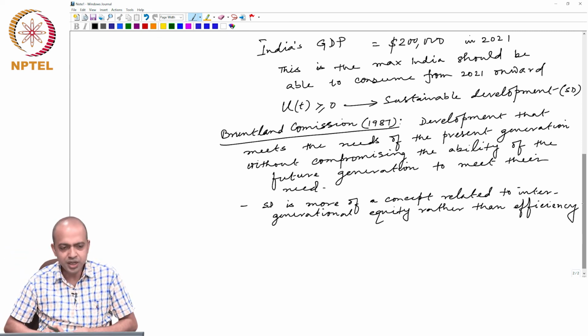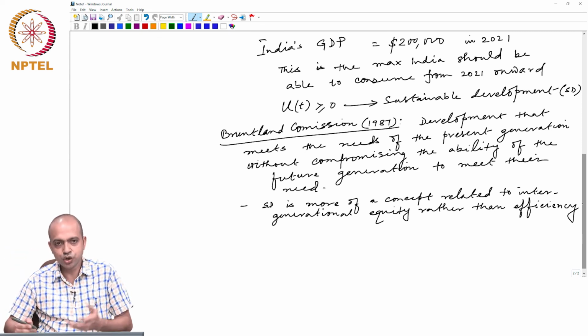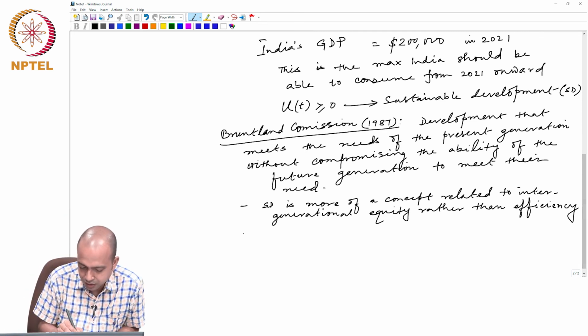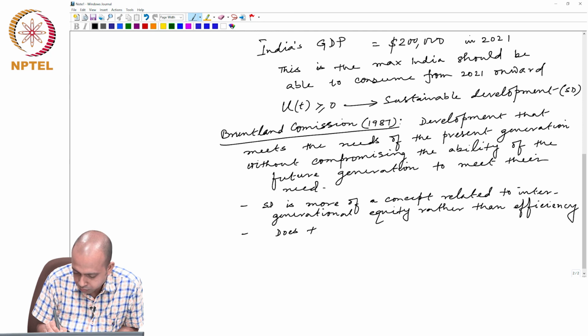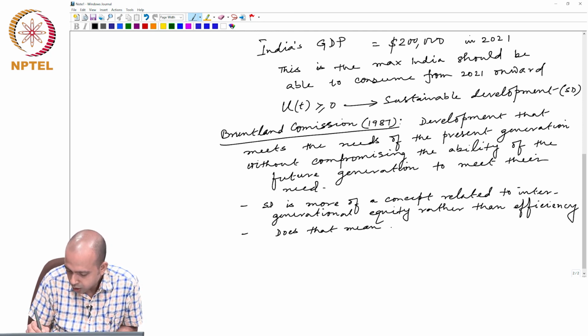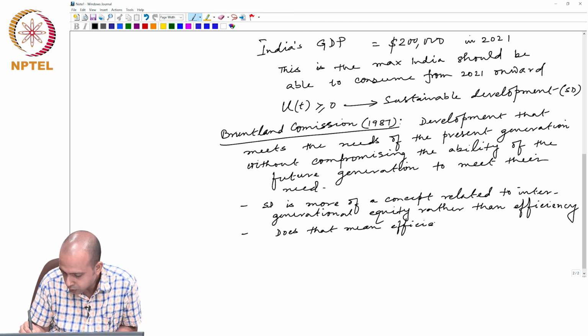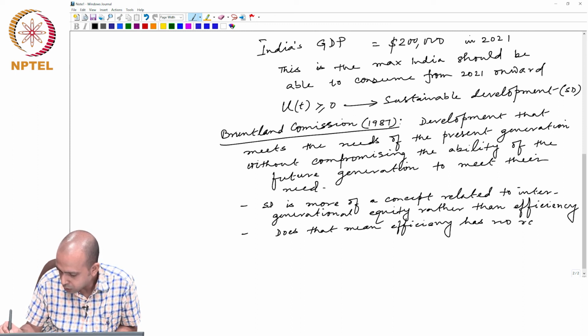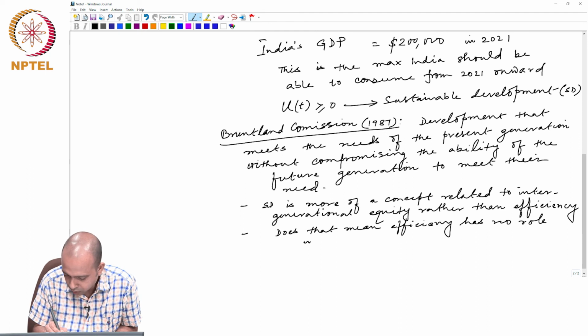But it does not mean that efficiency does not have a role. Does that mean efficiency has no role in SD?